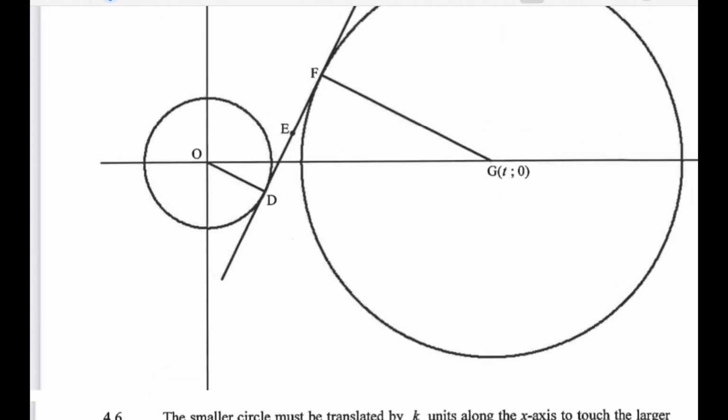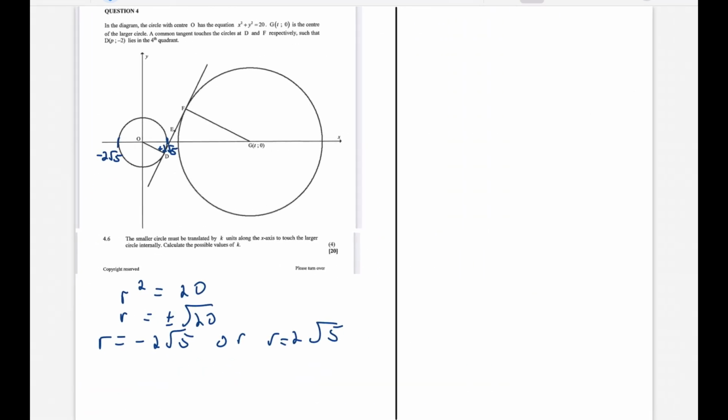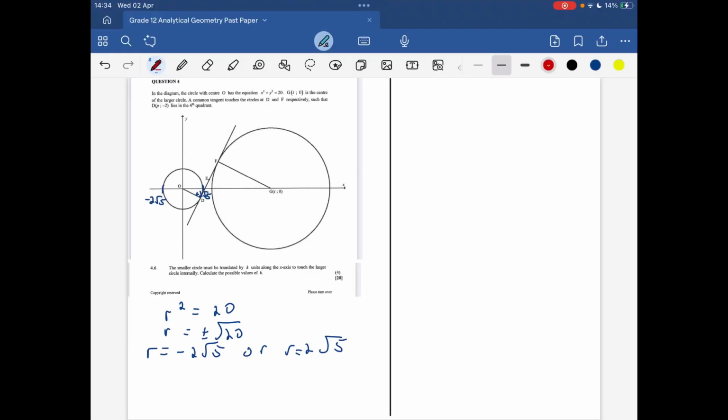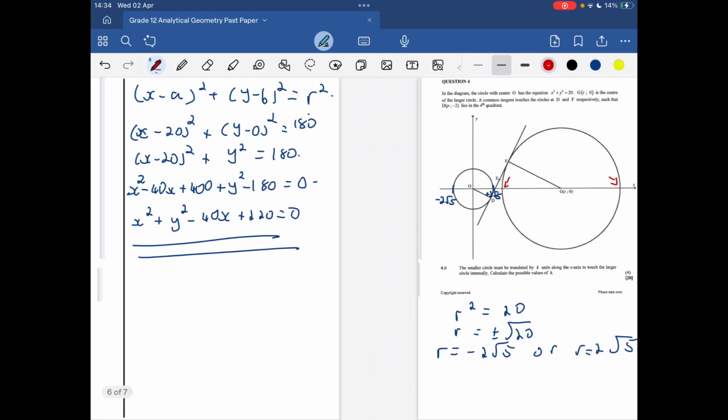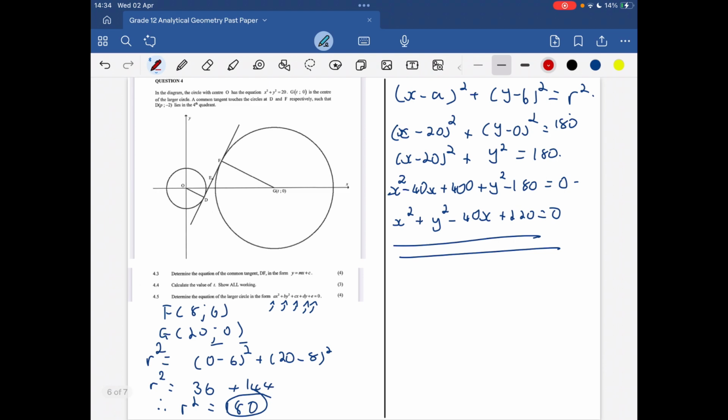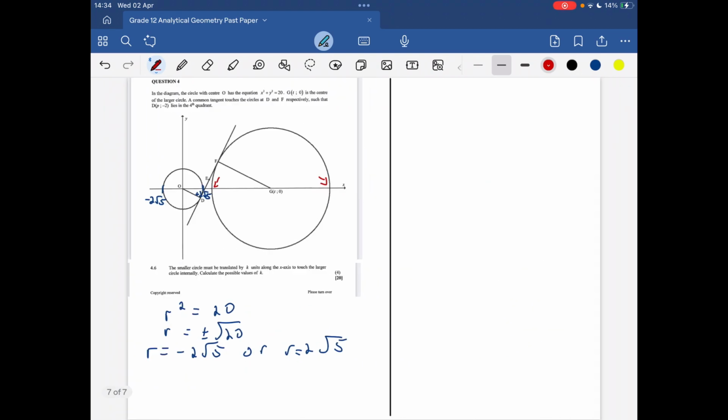So that's the radius. So the distance from 0 to there is negative 2 root 5. The x value here is negative 2 root 5, while the x value here is positive 2 root 5. What about on the bigger circle? Well, on the bigger circle, we know that the radius of the bigger circle, if I can just check on our previous, we found it to be 180.